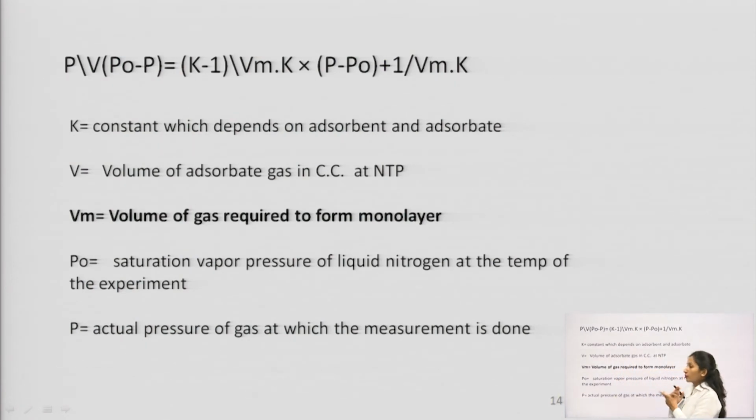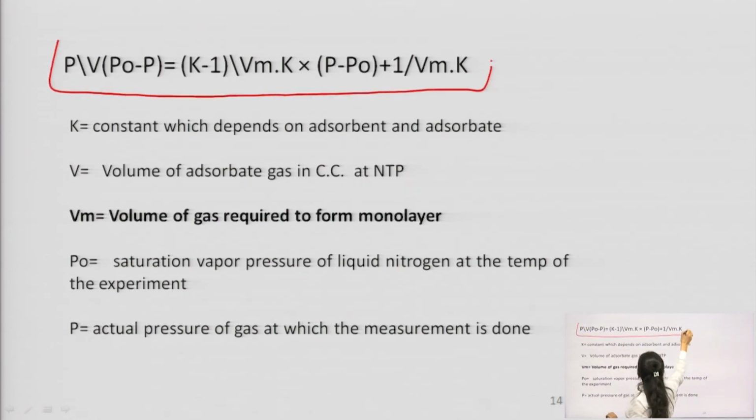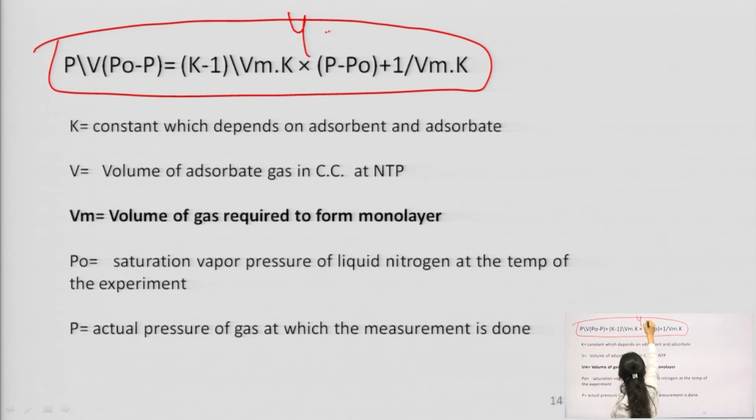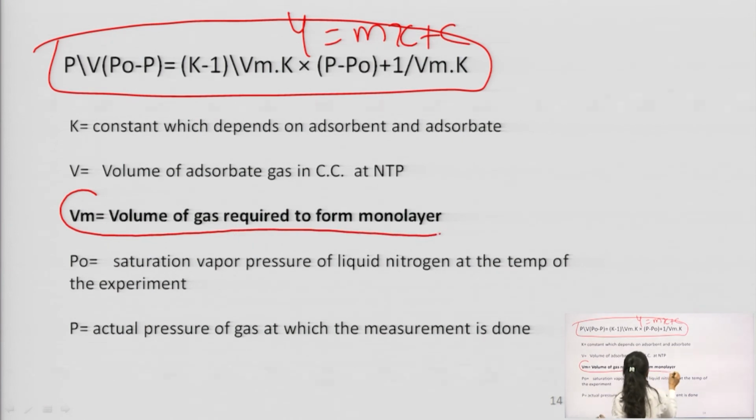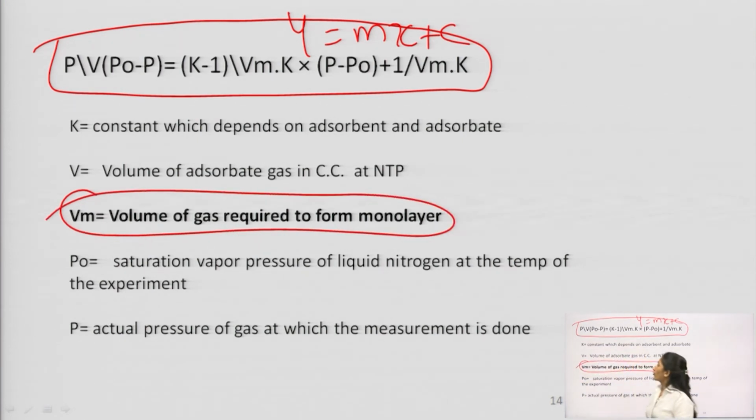Now what is the formula to determine the surface area? For this is the BET equation, and this is somehow equivalent to y equals mx plus c. In this BET equation we will determine or we will know the volume Vm, the volume of gas required to form a monolayer.